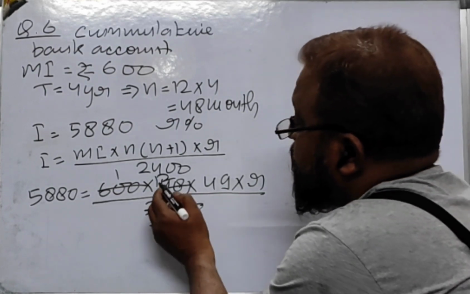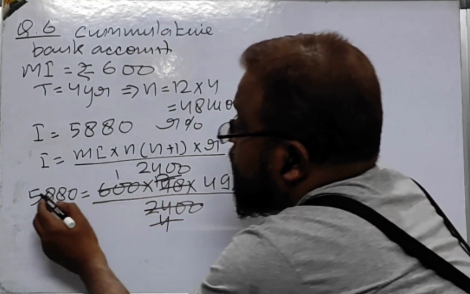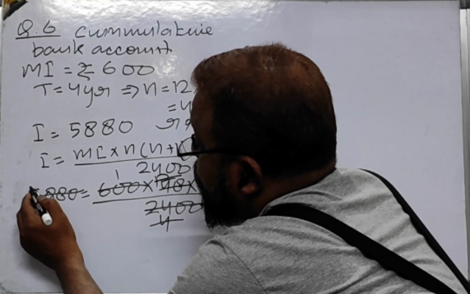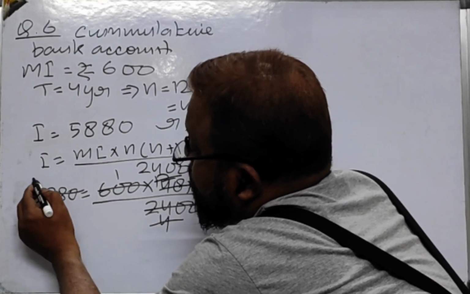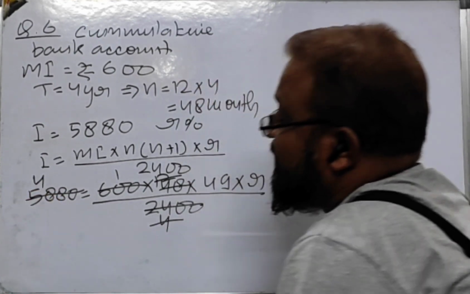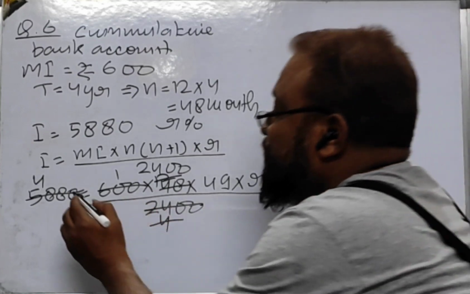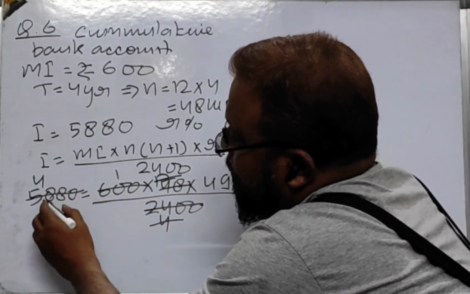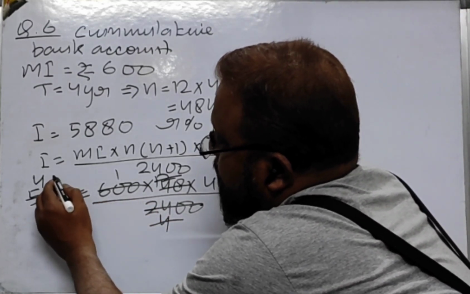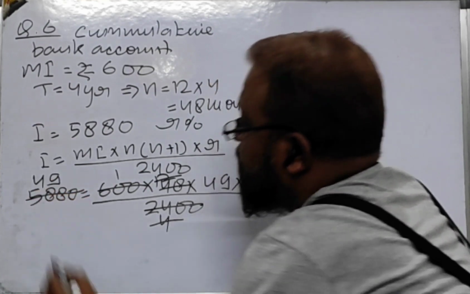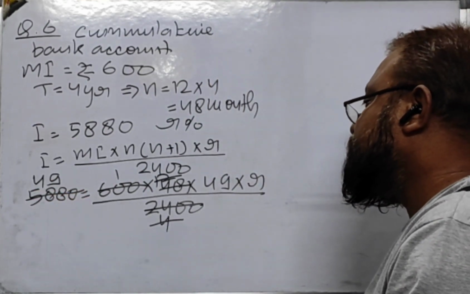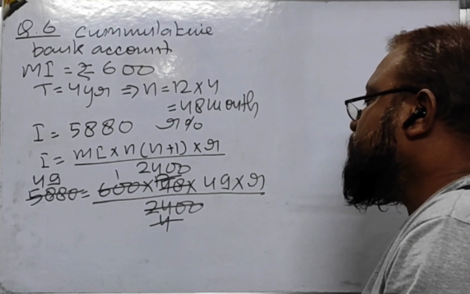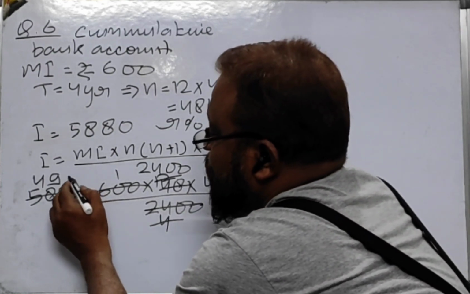Yeah, it will cut. 48 is cut, and 4 nines are 108 and 0.